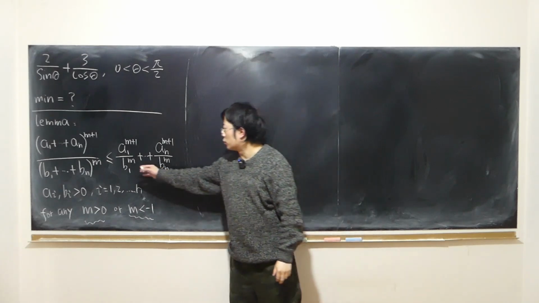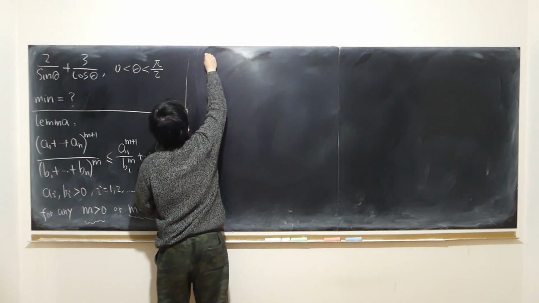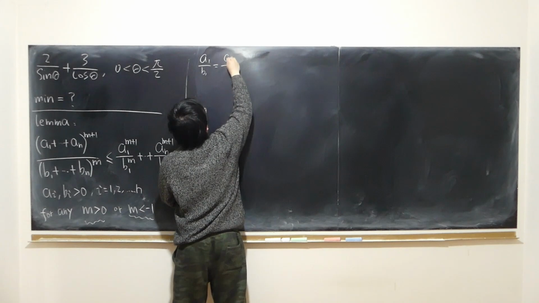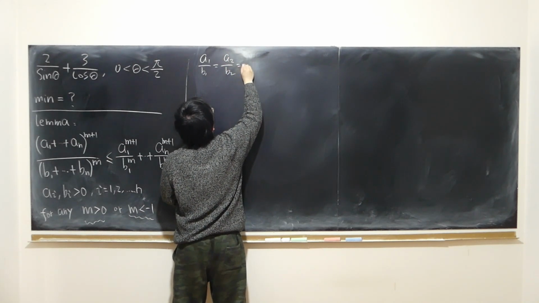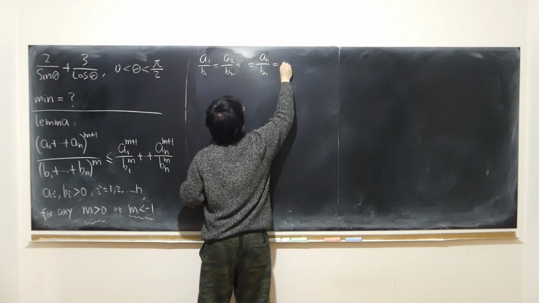Also, this equal sign holds when every pair A1 over B1 through AN over BN equals some constant, that is, they are all in proportion.